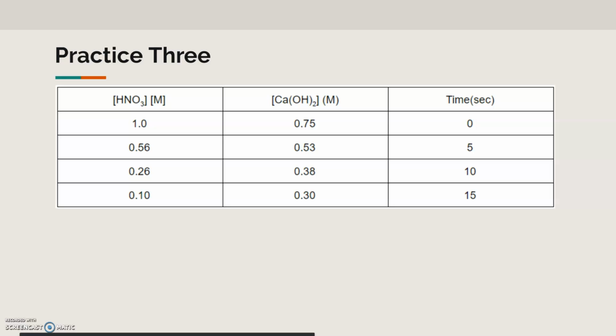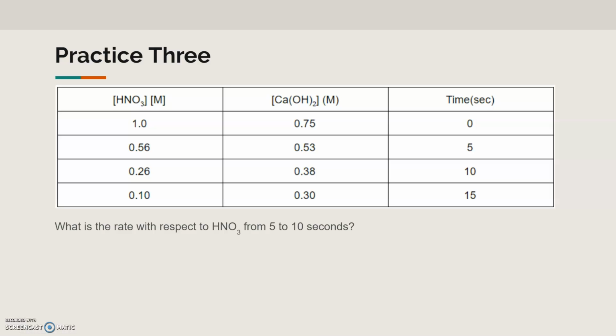Last practice problem. Take a moment and look at the table. You'll notice it is the same. What is the rate with respect to HNO3 from 5 to 10 seconds? Very well. We place an absolute value sign and an open parenthesis. Then we put the concentration at the end that we're concerned about, which is 10 seconds, of HNO3.